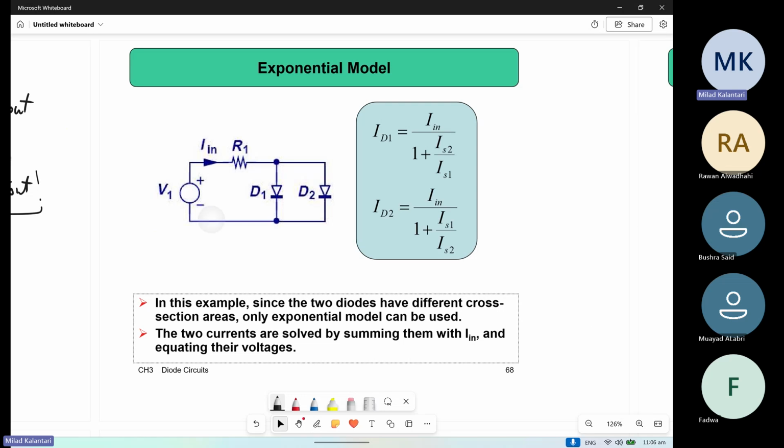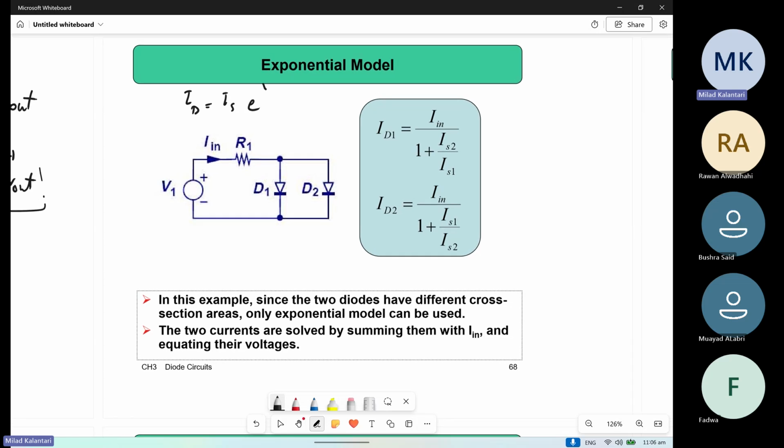The exponential model says ID is IS times e to the VD over VT. There is a negative one, but if it is forward biased, you don't need to take care of that negative one in the forward bias region. So I just simplify it like this.